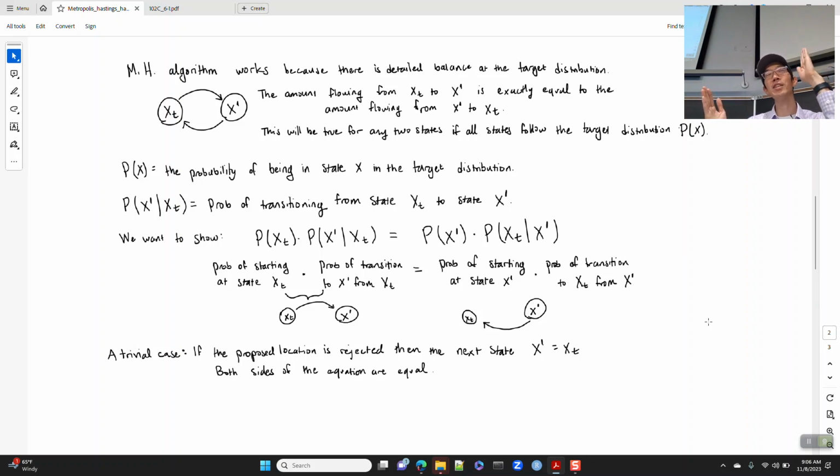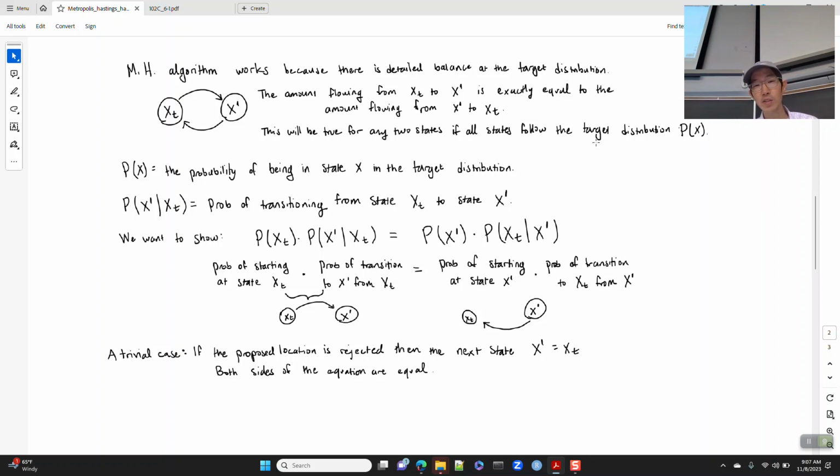If one location is 1.1 and another is 1.23, and you figure out the amount flowing from one to the other, you have detailed balance. The amount flowing from xt to x prime, whatever locations you have, is exactly equal to the amount flowing from x prime to xt. And this is true for any two states.